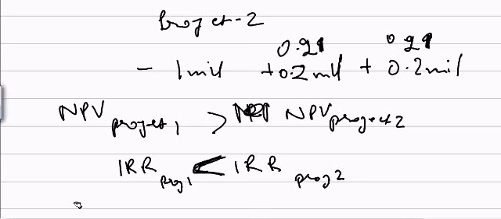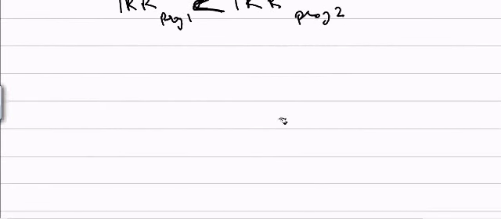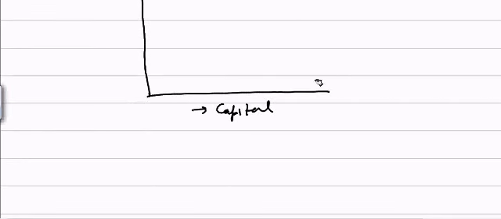Now let's look at the opportunity curve. Suppose this is the curve and this is the capital. If the company wants to generate capital, this is your cost of capital. If the company wants to generate just a small amount of money, it can go to the bank and the bank will give them a loan, and that will not cost much, or they can issue some stocks.